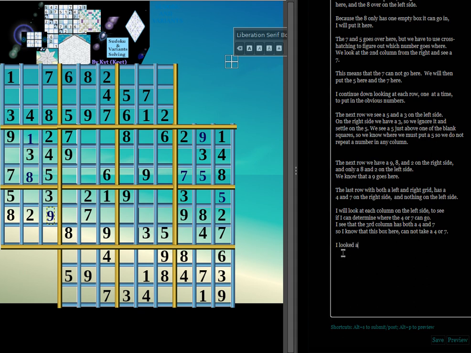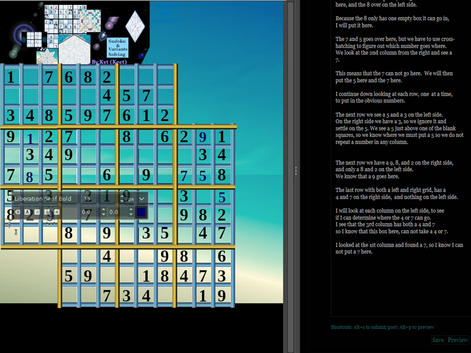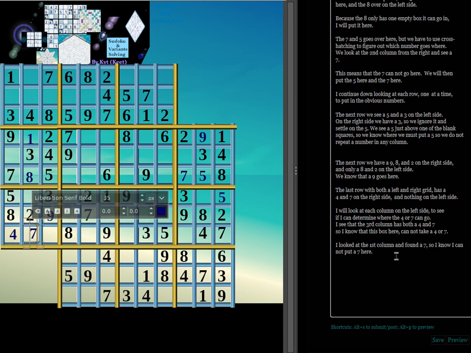I looked at the first column and found a 7, so I know I can not put a 7 here. I put a 4 in the first empty square and then a 7 in the next square.